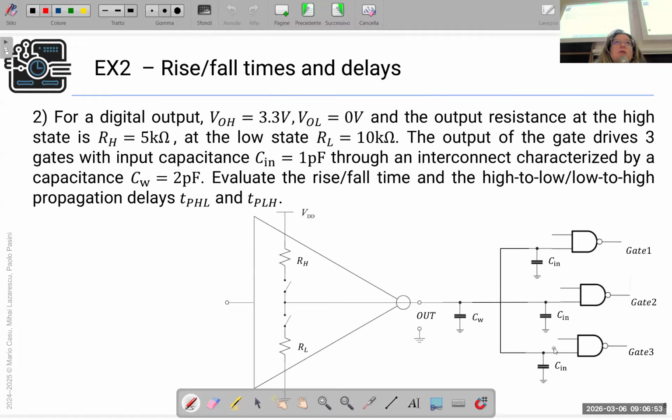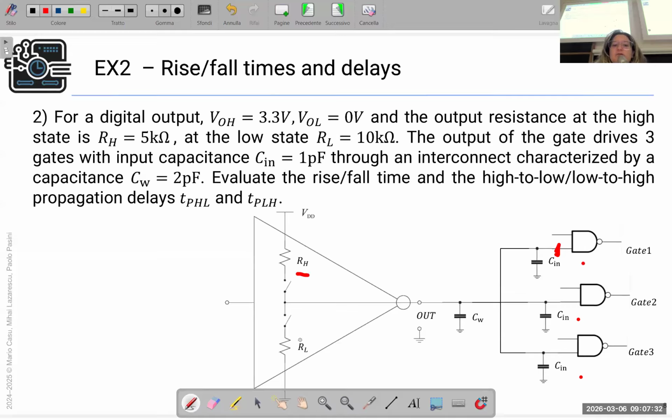As you mentioned before, there are more inputs to an AND, right? In this case, we have just linked one input here. The other is not given and can be connected to anything else. But in the real case, there are capacitances to take into account. There is an input capacitance for each gate, and there is also a capacitance for the wire which connects the gates. So, how can we evaluate the rise and fall times and the propagation delay?